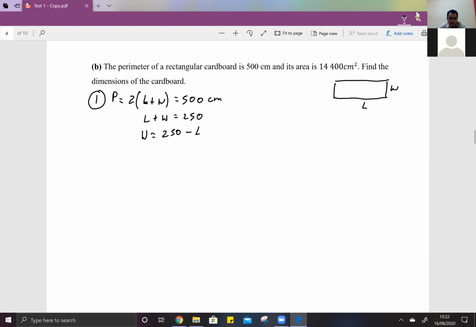All right, now let's write the second piece of information. What is given here? The area is given, right? So A, capital A, equals number 2, L times W, right? The area of the rectangle is length times width.